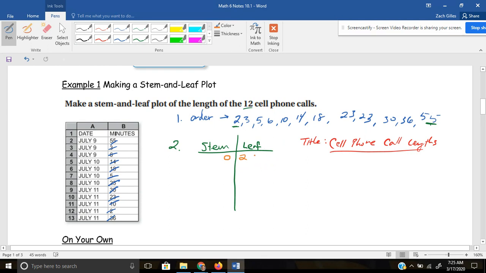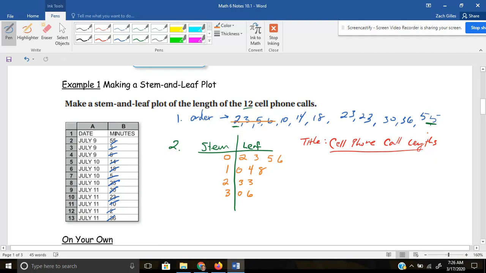Then I've got 3, 5, and 6 that also have just one digit. My next numbers are from 10 to 19, so 10, 14, and 18. I've got 23 twice, so I include that twice. I've got 30 and 36.